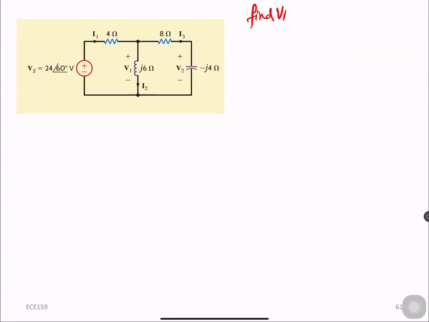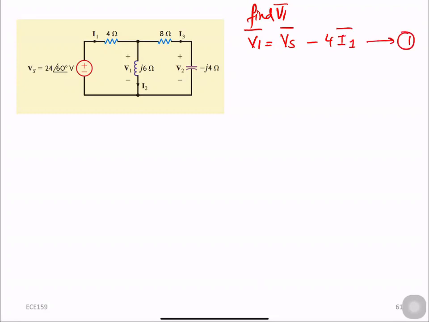So in order to find V1, V1 is equal to the source, the AC component of V1 is the source voltage minus 4 times I1 current, right? So this is what we need to find out. In this case, we need to find out I1.